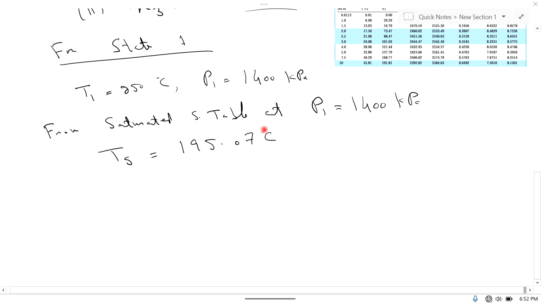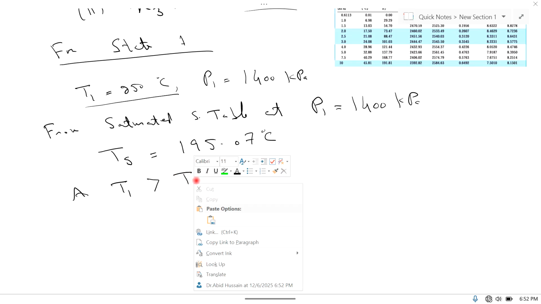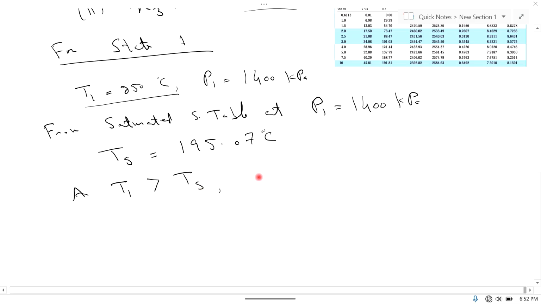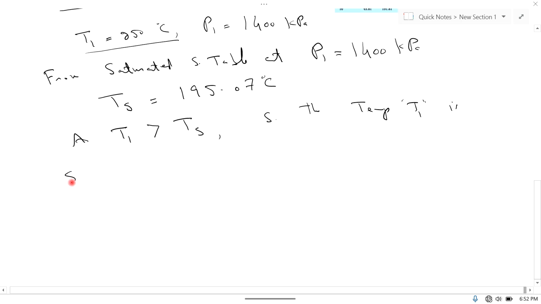The temperature given to us is more than this value, as T1 is 250, so T1 is greater than Ts. So the temperature T1 is a superheated temperature, and state 1 is in the superheated region.